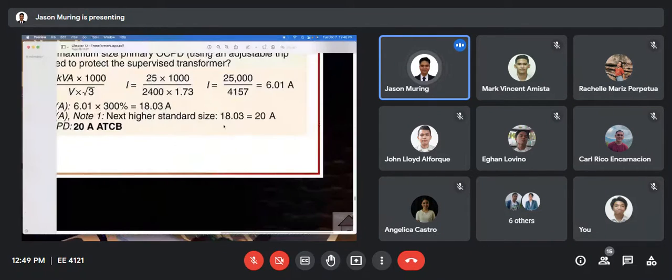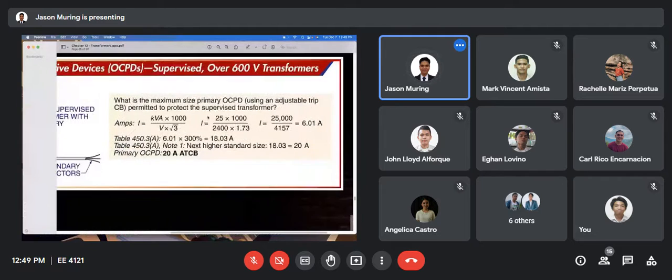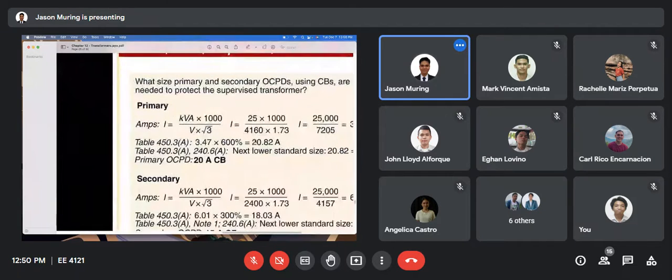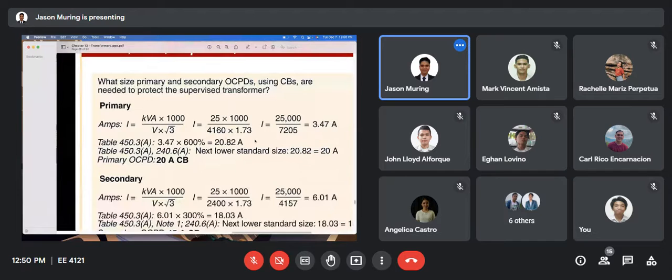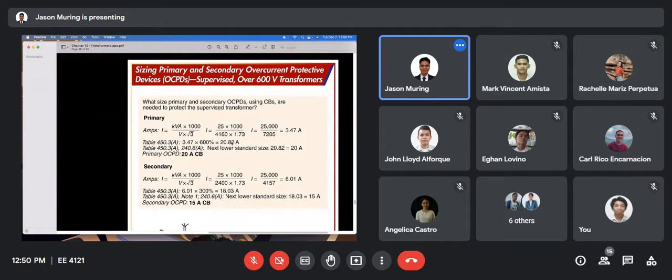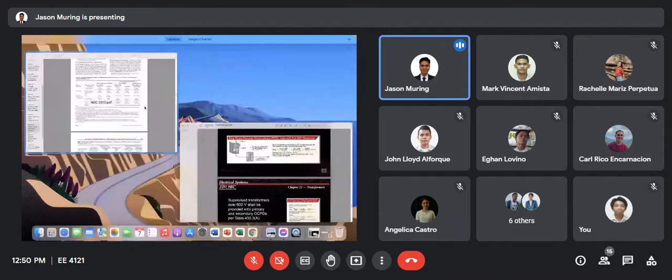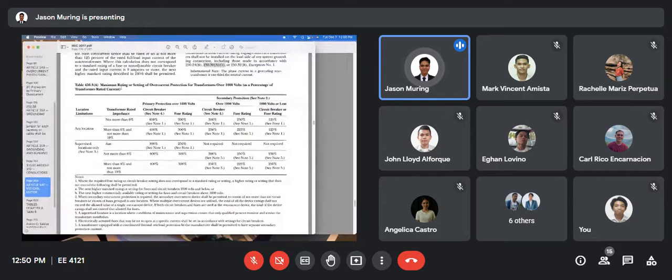Let's look at here, 1820. When we use this table, it is the maximum rating, so it should not be exceeded.